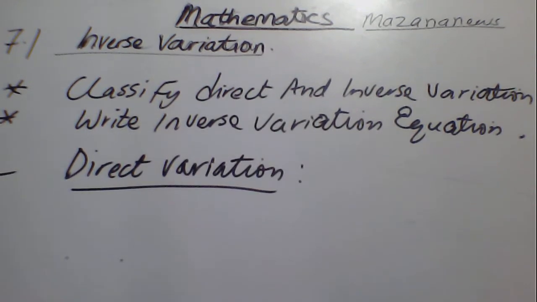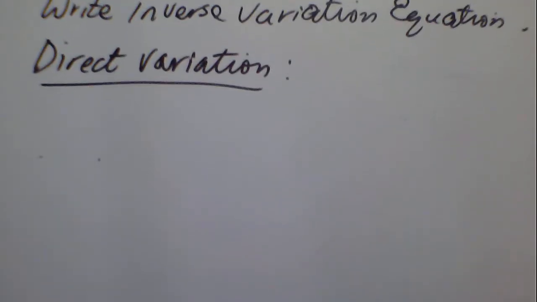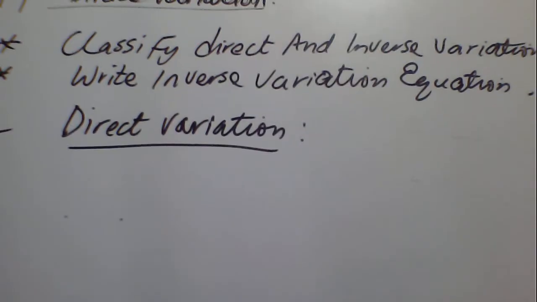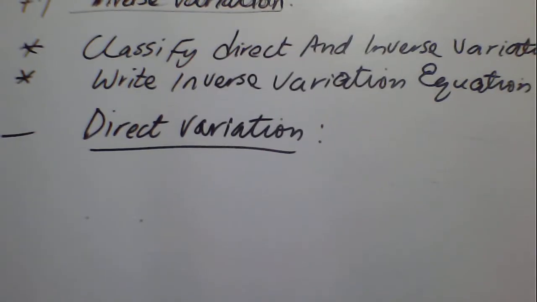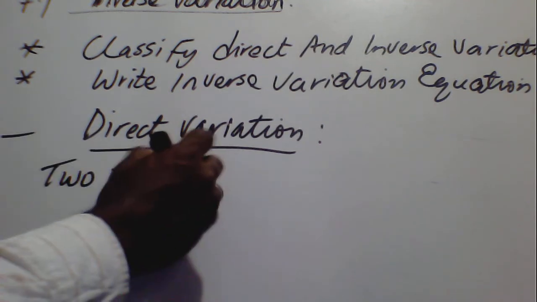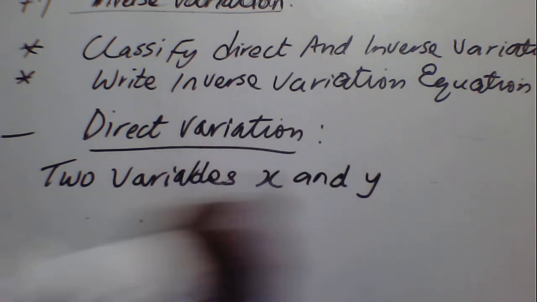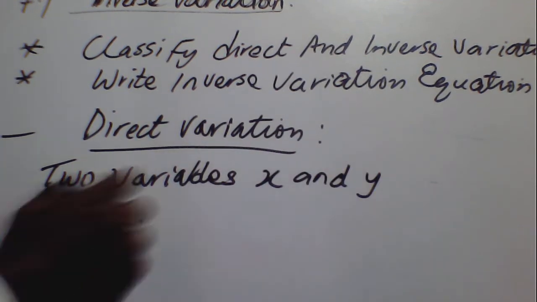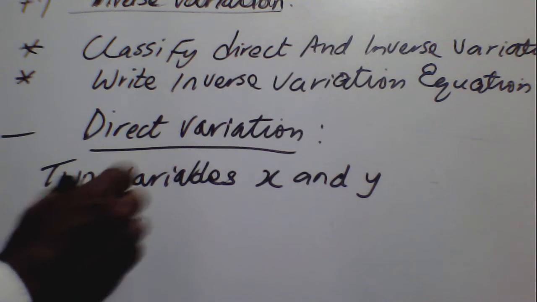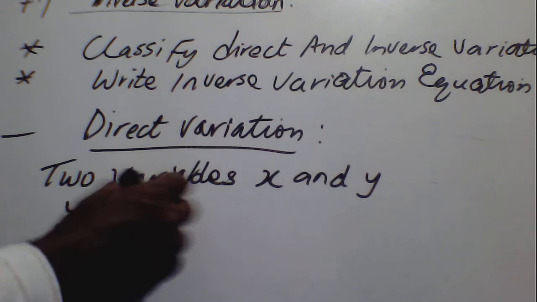Two variables x and y show direct variation when they are related as follows: y is directly proportional to x.